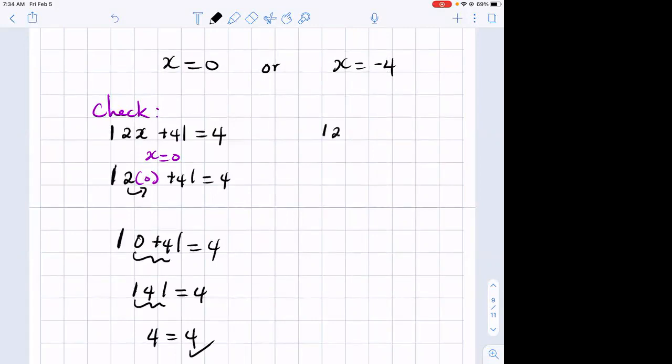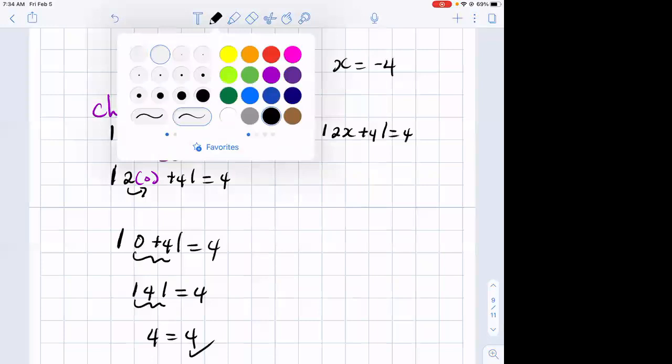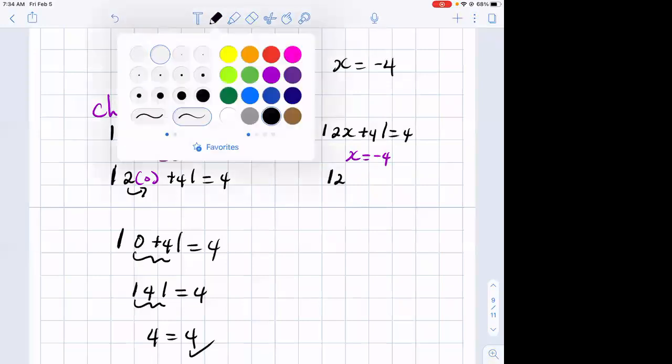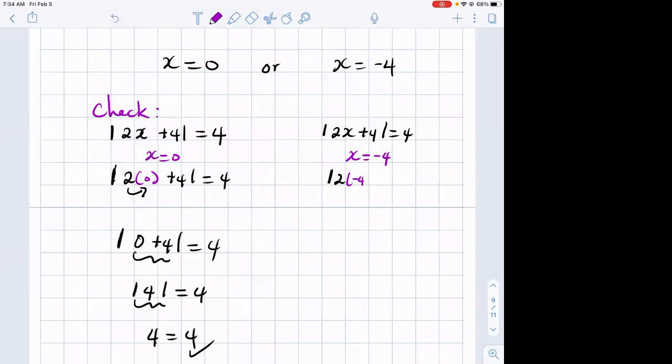If we check x equals -4, okay, let's check x equals -4. So this gives me the absolute value of 2. Now we're going to plug in -4 for x.